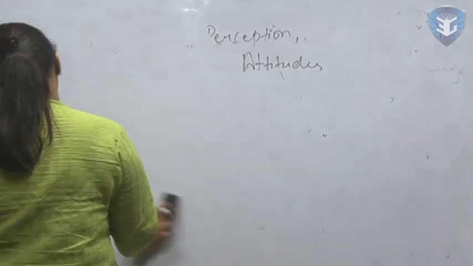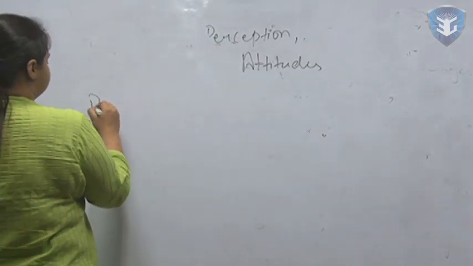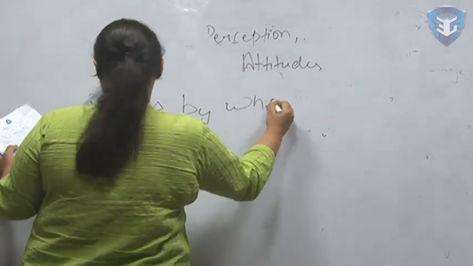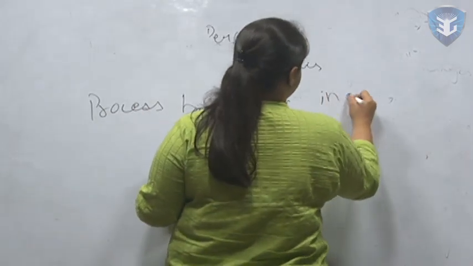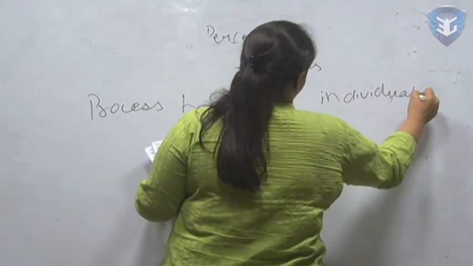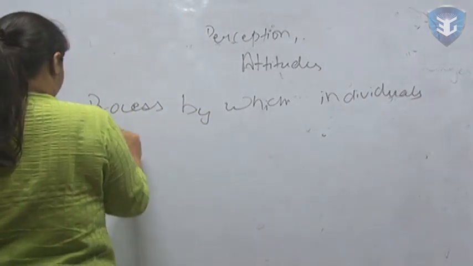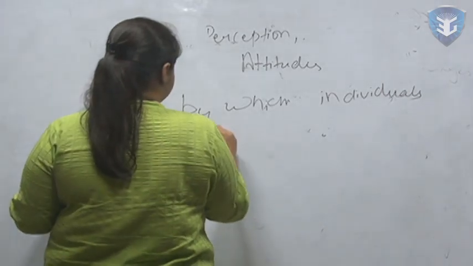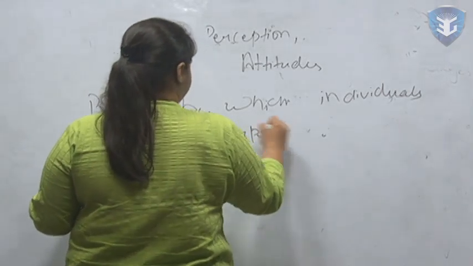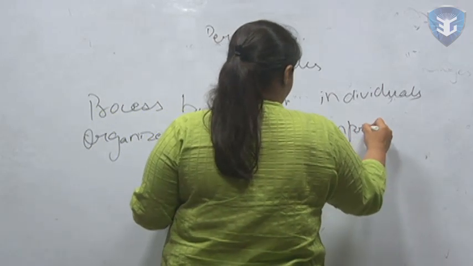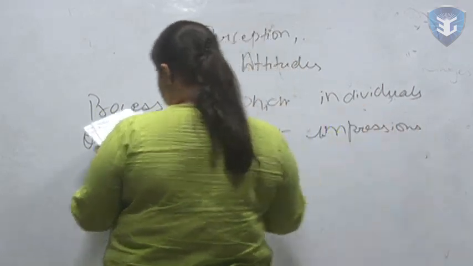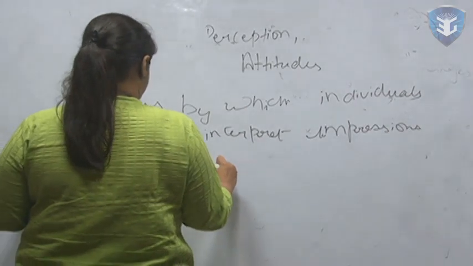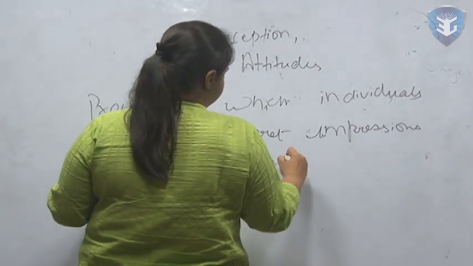Perception is a very common term that we use in our day-to-day life. It is actually a process by which individuals organize and interpret impressions in order to give meaning to the environment.